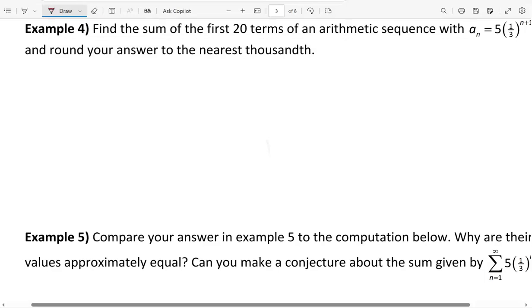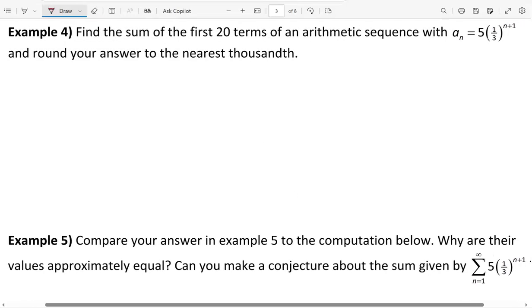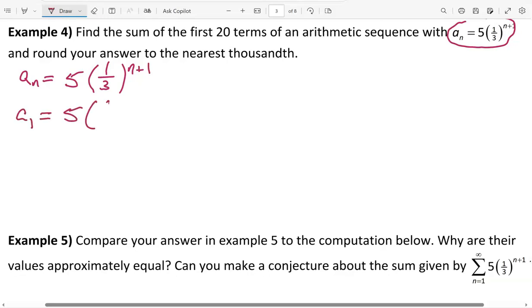Now let's move on to a different type of example. In this sequence, we have the general term here, and that general term can help us find the first term, and it can also help us find the ratio. So a sub n is equal to 5 times 1/3 raised to the n plus 1. And that means that if I want to find the first term, I replace n with 1.